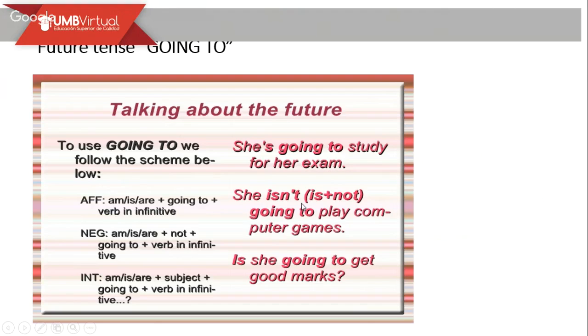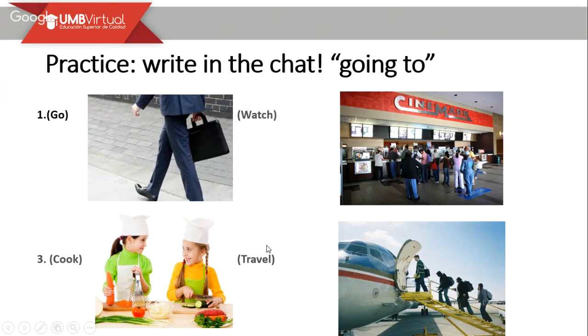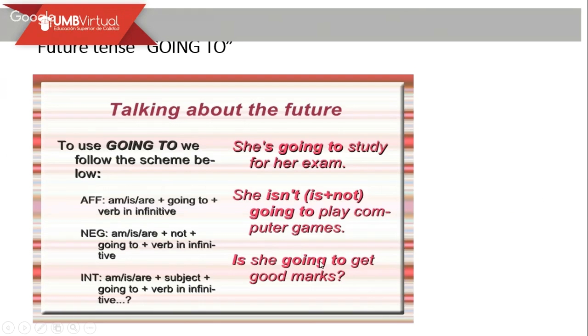She isn't or is not going to play computer games. And is she going to get good marks? For the first one and the second one, yes. This part is going to be focused on the contraction right here, verb to be, going to, verb in infinitive.